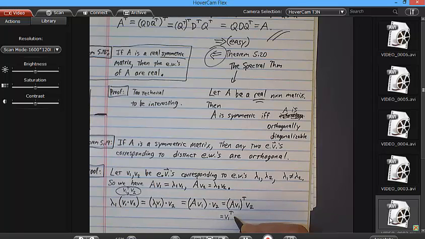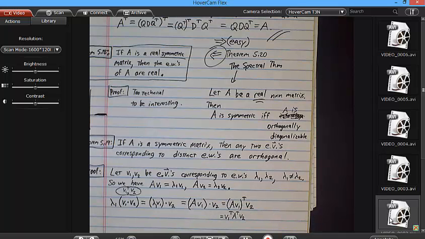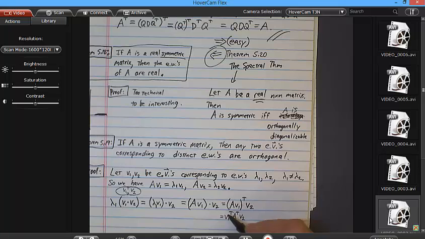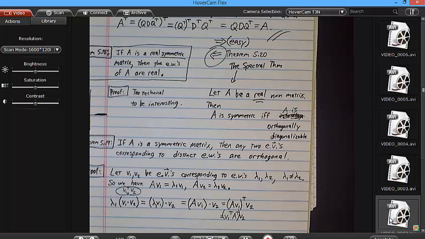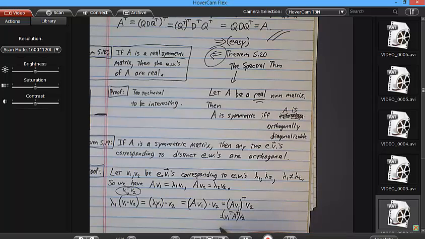V1 transpose, A transpose, V2. I guess I should really have this in parentheses. Is that okay? But now I'm going to move the parentheses. I'm going to write it this way. V1 transpose.